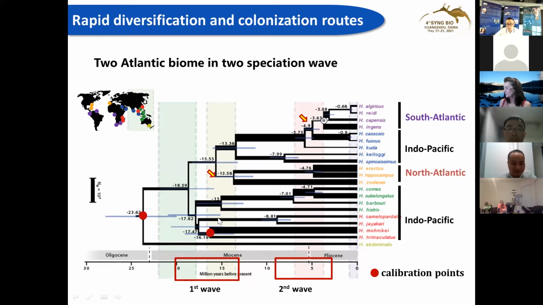Interestingly, we can easily find that the seahorses living in the North Atlantic areas and the South Atlantic areas separated from their sister lineages just at these two waves respectively.